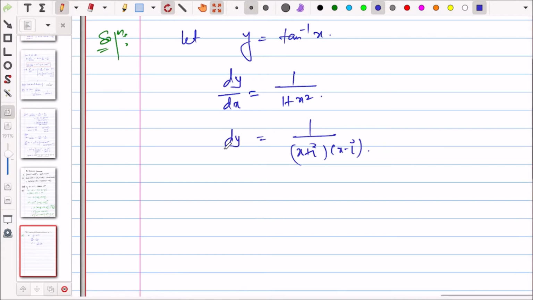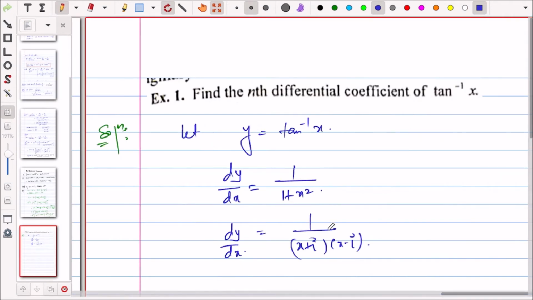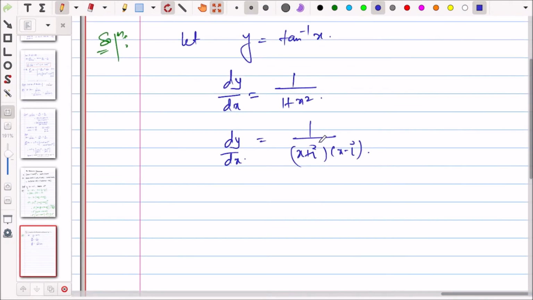Yes, sir. So now it has come into this form. So now we can use partial fractions and then we can use this formula also. That is why complex numbers are important here. So we will use that here.